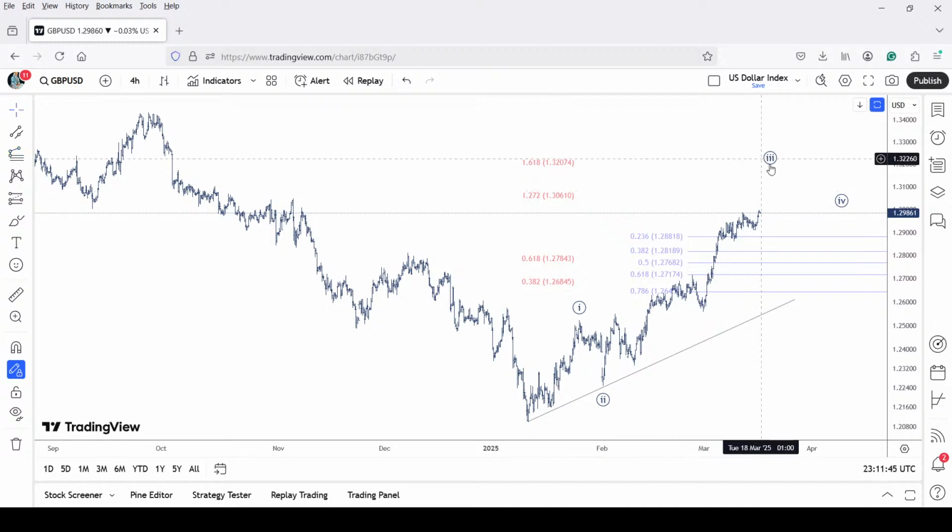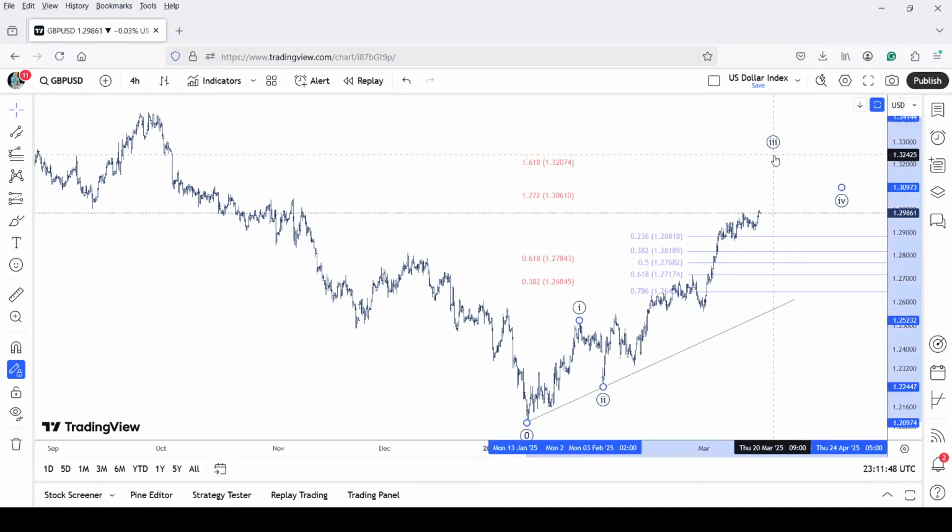Minute wave 3 is going to go much higher actually, because sub minute wave 1, 2, and sub minute 1, 2, 3, 4, and 5. That would be sub minute wave 3 and 4 and 5, which will take us to minute wave 3.